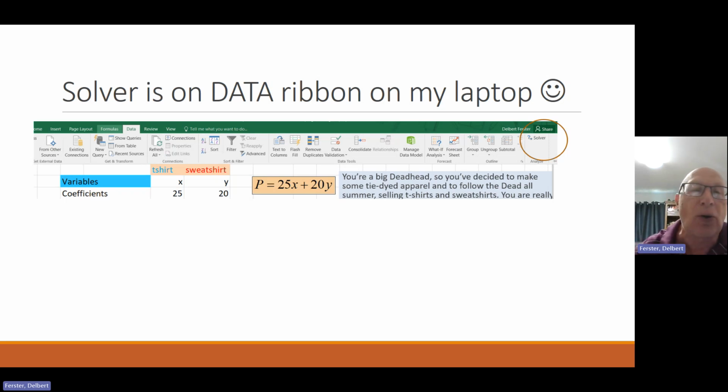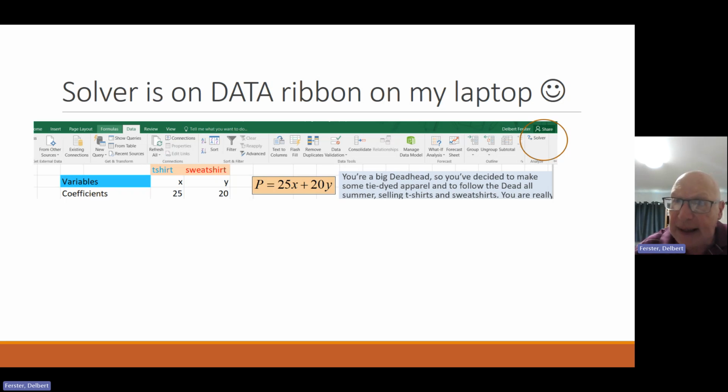So if you look at the ribbon across the top, you can see that Data has been selected, and all the way to the extreme right is Solver. Once you click on that, you'll see the opportunity to identify what cell houses the value for your objective function, what cells house the variables, where your constraints are, and then the options to go ahead and run the actual linear programming with Solver.